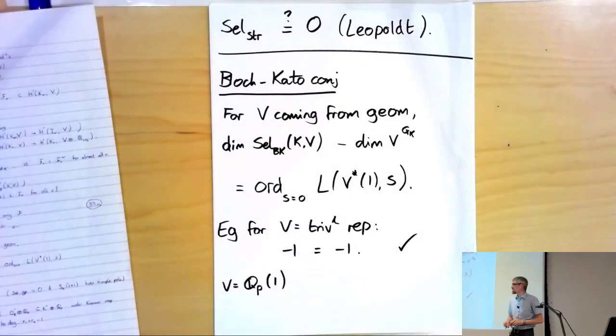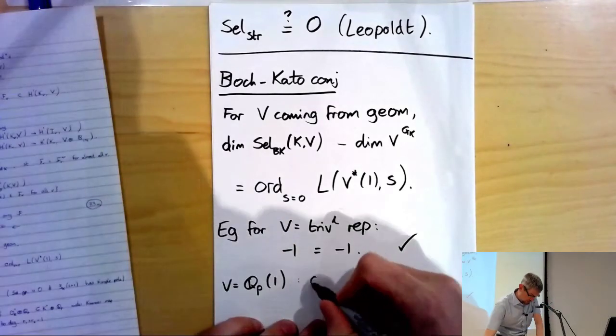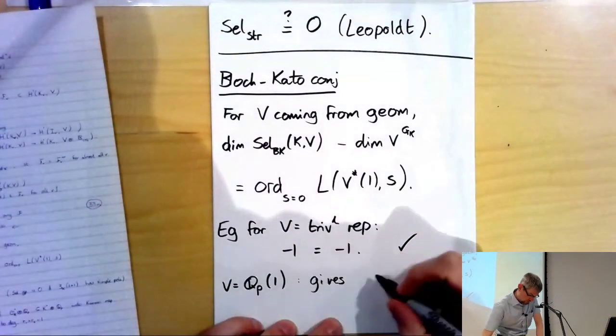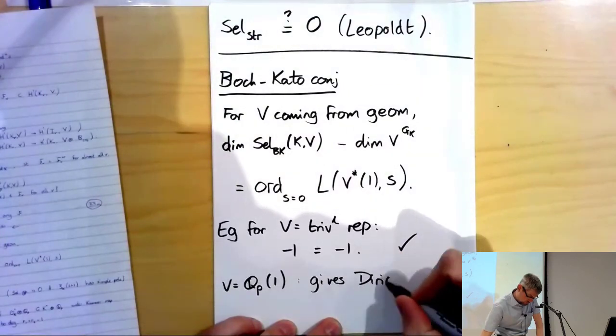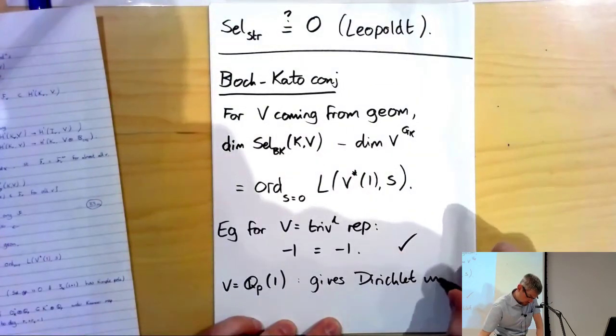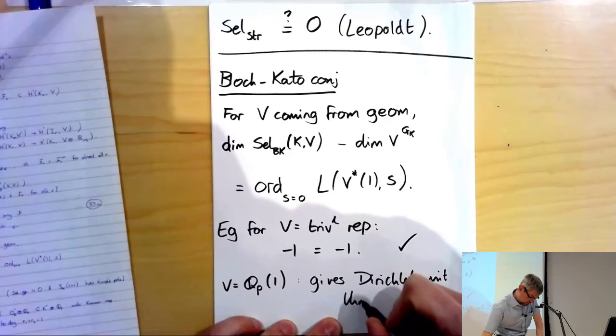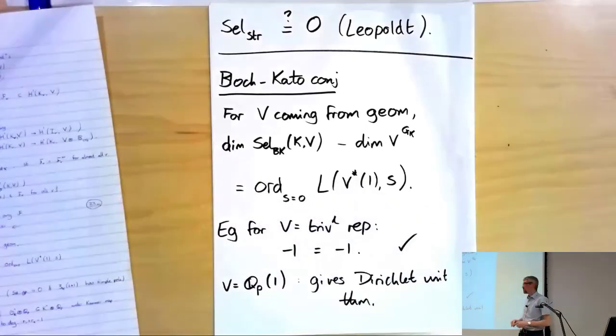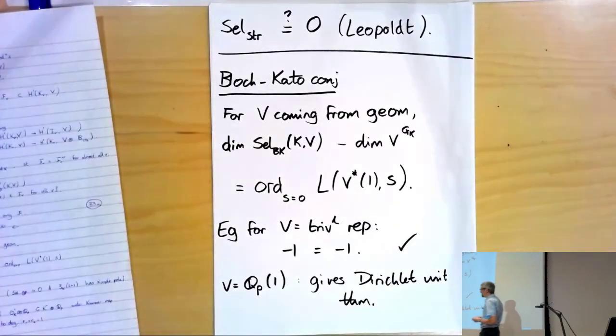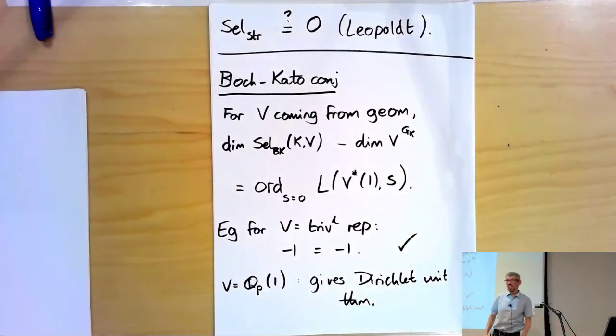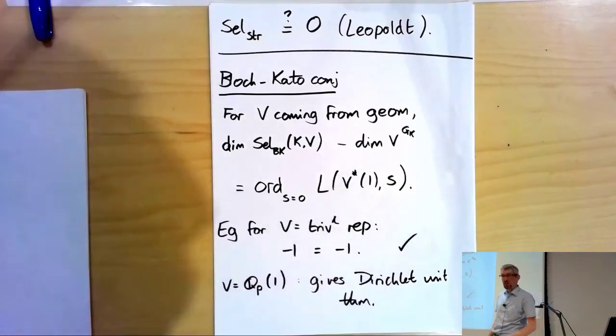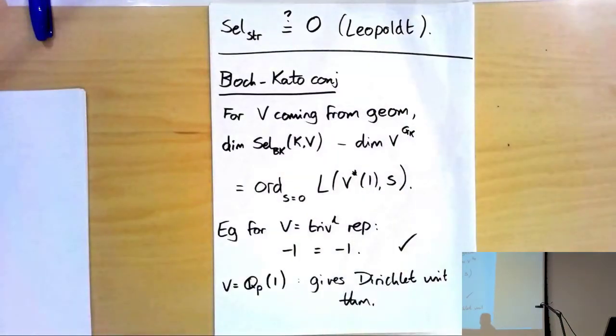For the first Tate twist, however, something a bit more significant is happening. We know what the Selmer group is for Q_p twist 1 in terms of the unit group of k, and you can compute the order of vanishing of the L function because you know what the Archimedean gamma factors are.